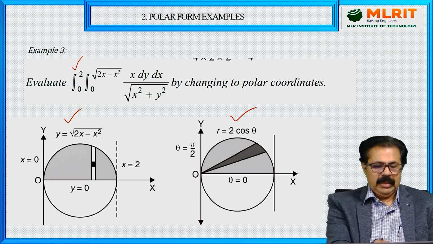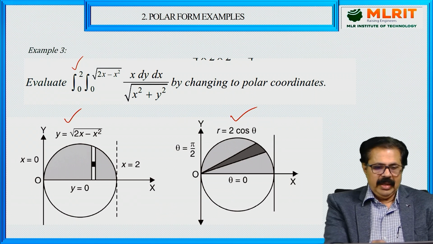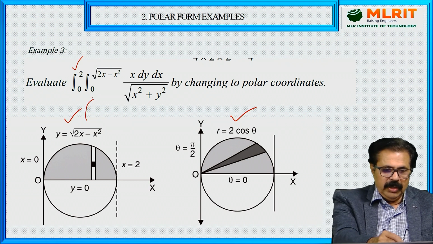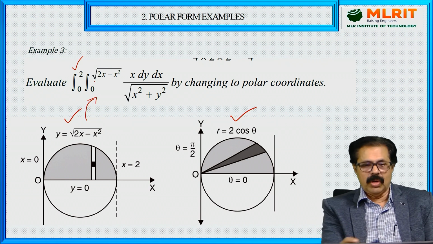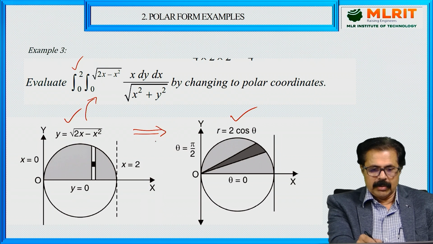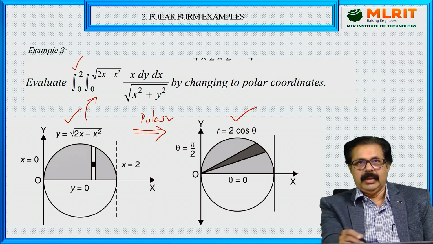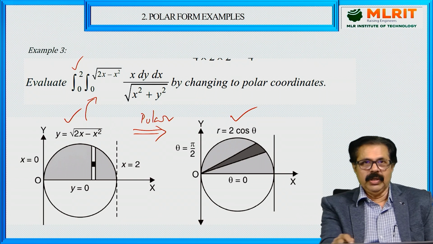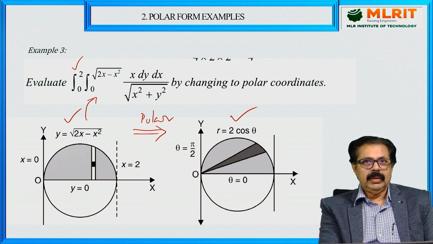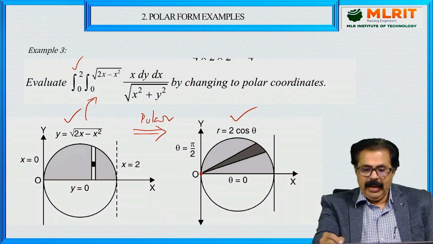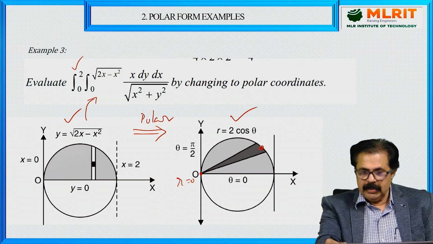Now here in the Cartesian form we have taken a vertical strip, and this vertical strip gives rise to these limits, but you want to change it to polar. Once you change it to polar, naturally you want to take up this figure, the upper half of the circle. I told you already, you have to take a ray starting from r equal to 0 and ending at the ending point here.